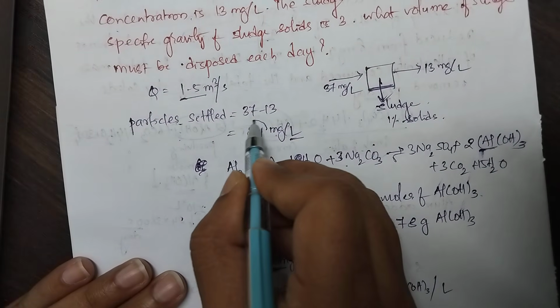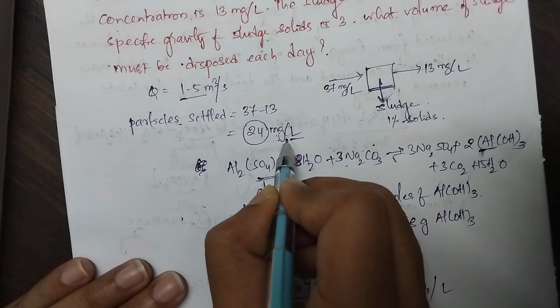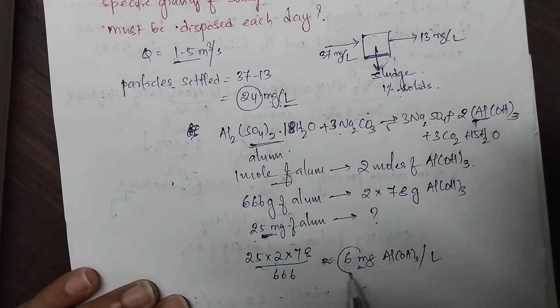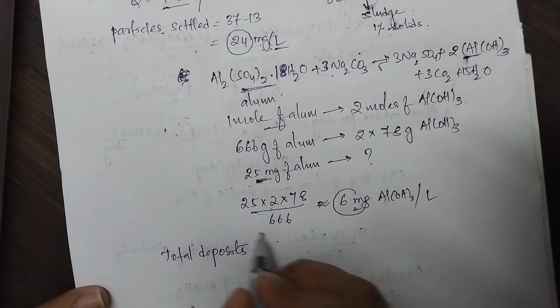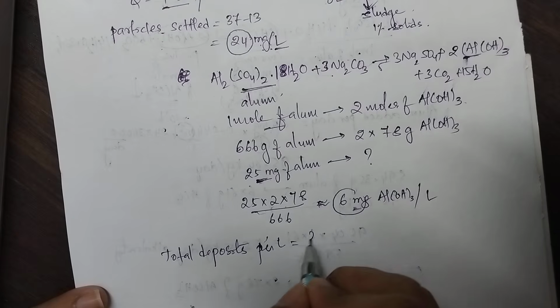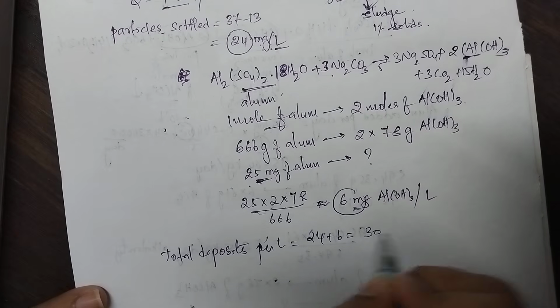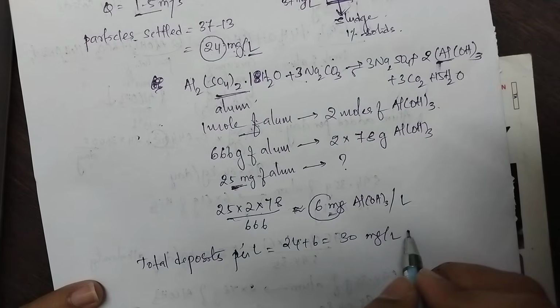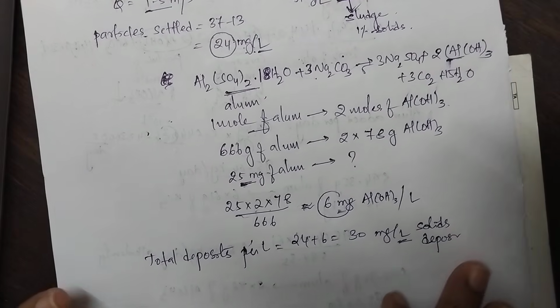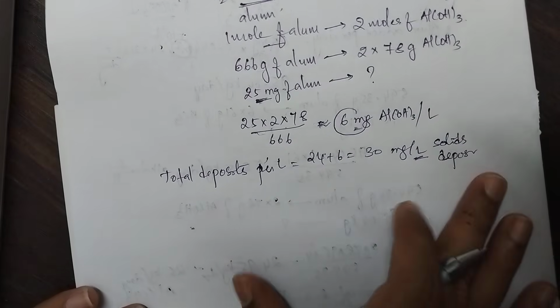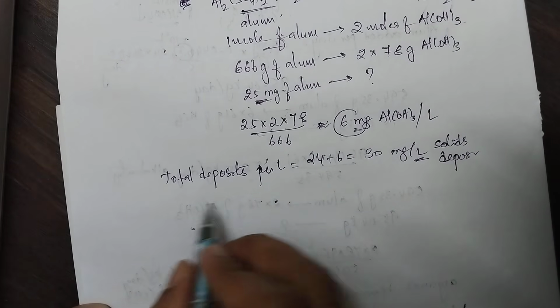Then total deposits would be 24 milligrams per liter plus this 6 milligrams, that is 24 plus 6, total 30 milligrams per liter of solids being deposited. This is per liter only. Since the flow rate is 1.5 meter cube per second, you have to multiply to get the total deposits.